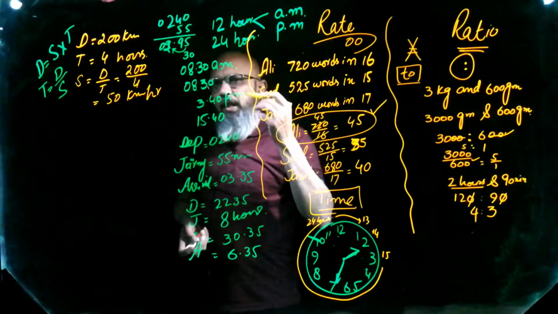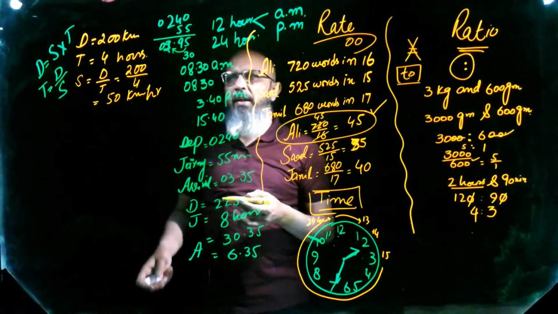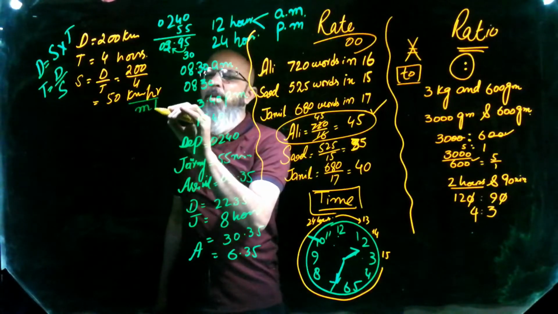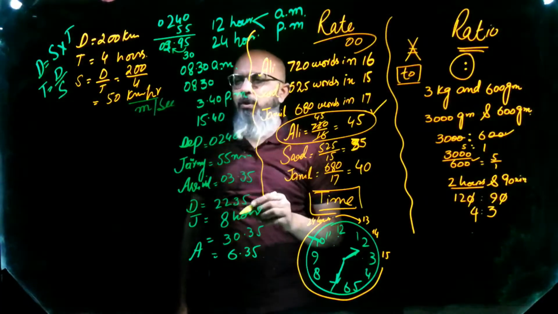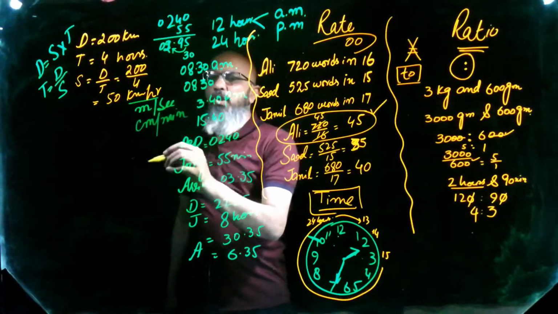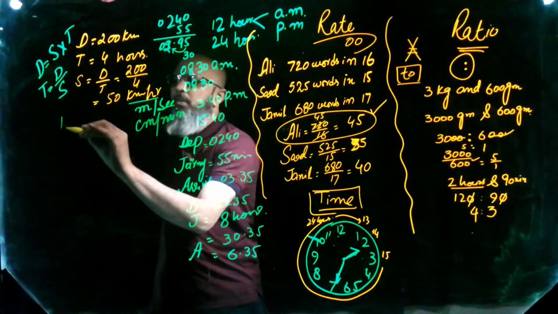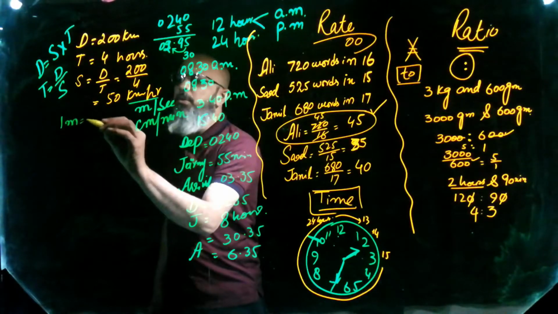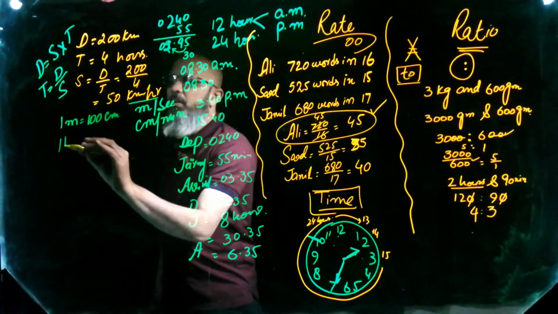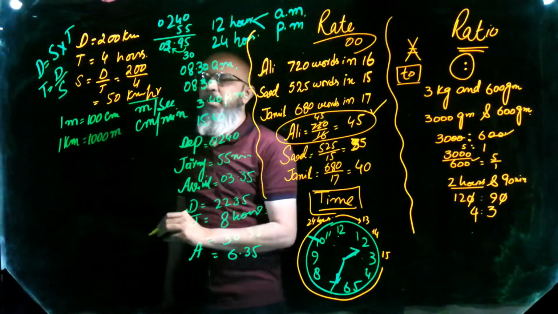There are different units used while doing these questions, like kilometer per hour, right? Another unit, that is meter per second, which is commonly used. Another one is centimeter per minute. As you know, the length units are: 1 meter is equal to 100 centimeters and 1 kilometer is equal to 1000 meters, right?